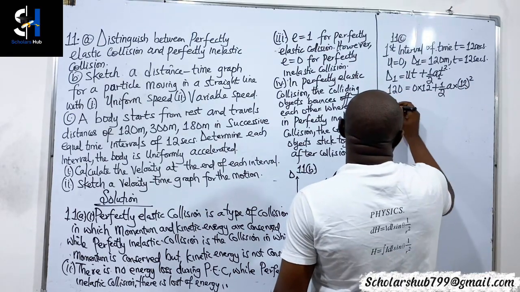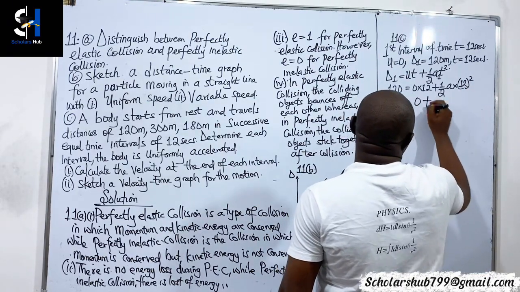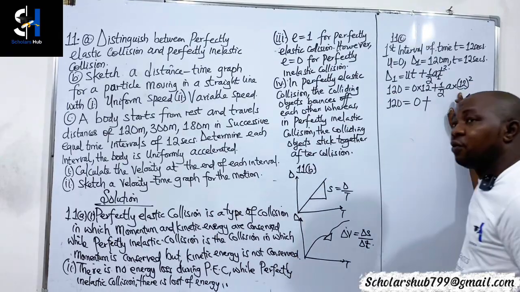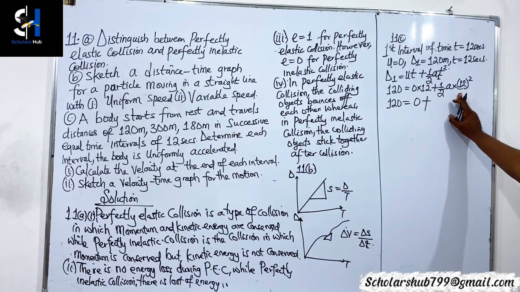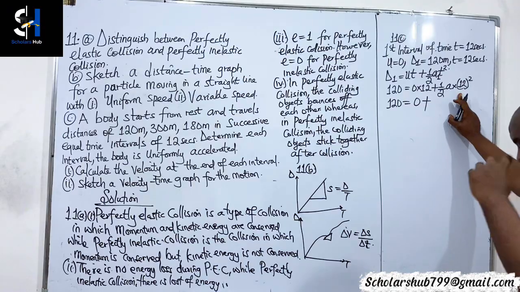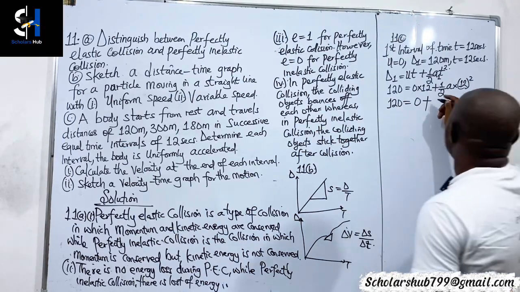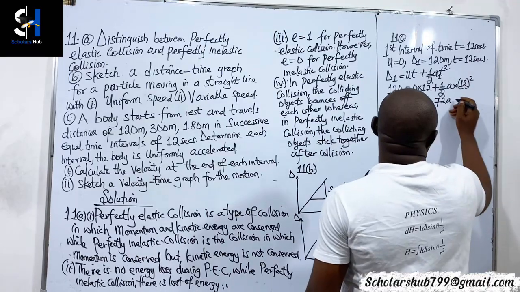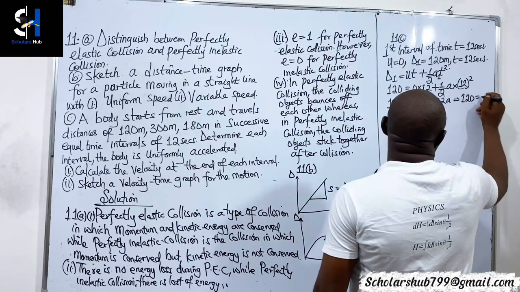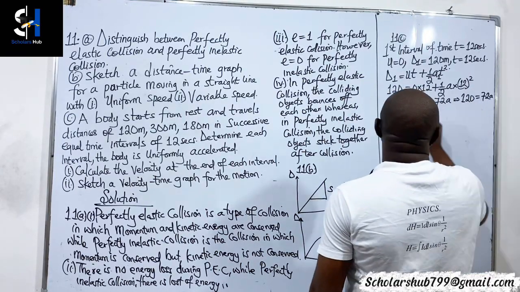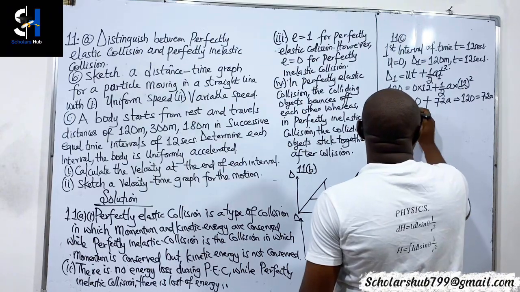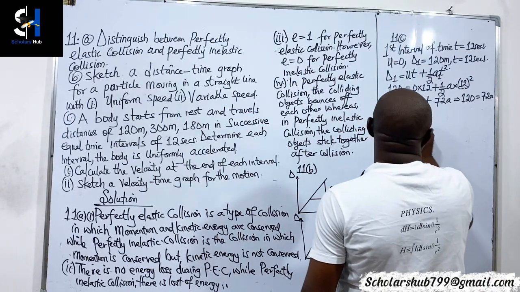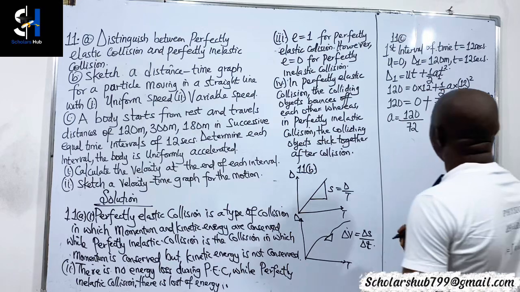So 120 equals 0 plus 144 divided by 2, that will be 72. So this will be 72a, so that we have 120 equals 72a. Then the value of a will be 120 divided by 72.